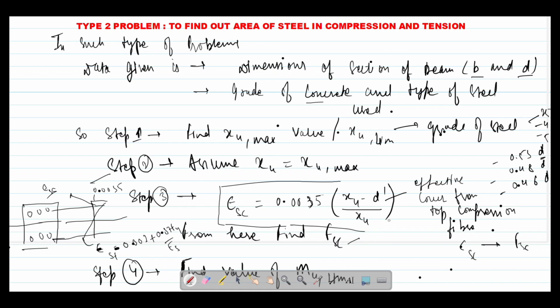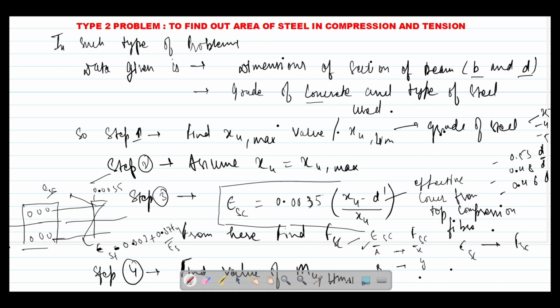But if it is not given, then we'll consider two values of strain and stress in steel in compression. Suppose A and B are the two values that are known in the table, that have values x and y.